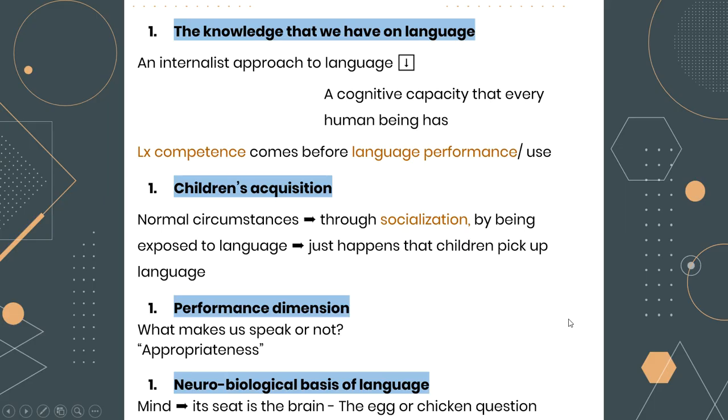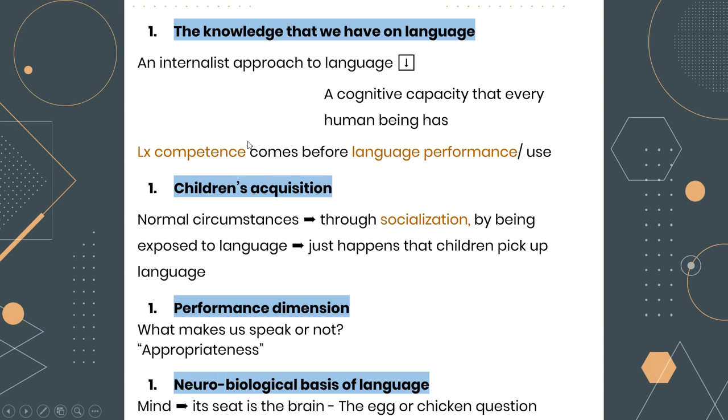So the knowledge that we have on language is then an internalist approach to language, the one that Chomsky gave way to, originated, and he then understands that language is a cognitive capacity that we have as human beings. That linguistic competence comes before language performance or language use.